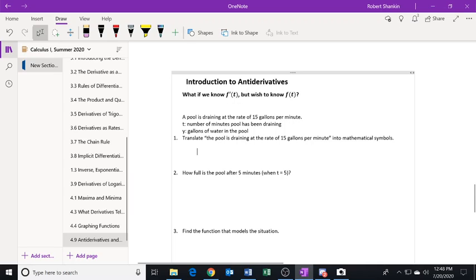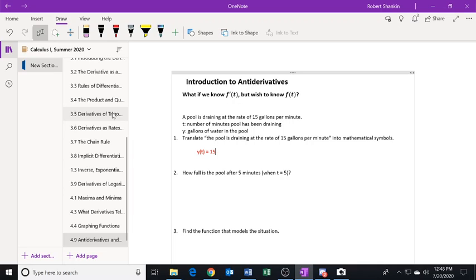Okay, anybody need more time? Before I call on a group, I'm going to suggest an answer. Y of t is equal to 15. And I'm going to call on group 6.